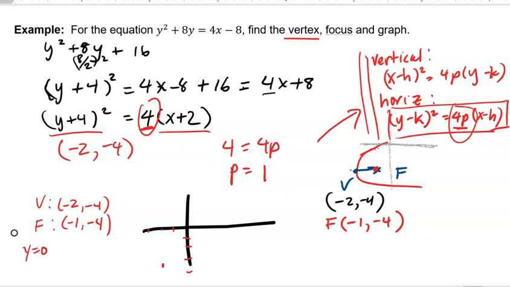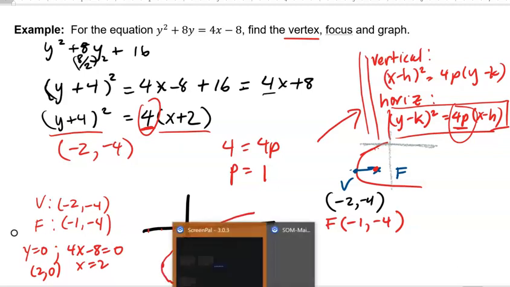And at that point, we would have that 4x minus 8 is equal to 0, and therefore x would be equal to 2. So we've got the point 2, 0, and graphing this, we have a point over here. So we can see that our parabola is somewhat wide, but it's drawn to look like that.